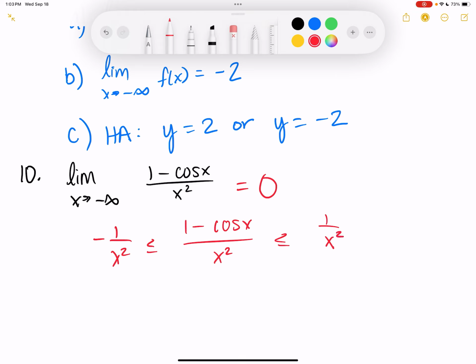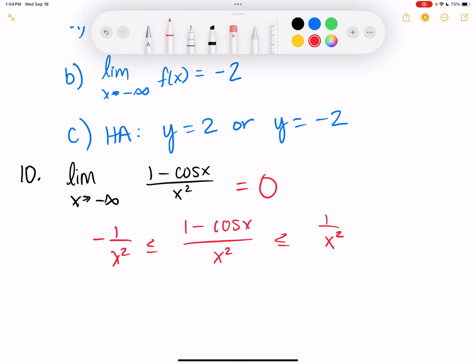Now, that's because what we're saying is that this value of this limit that I'm taking for this function has to be between negative 1 over x squared and 1 over x squared, because this is essentially that, just with a little minus cosine on the top. So it has to be in that range.